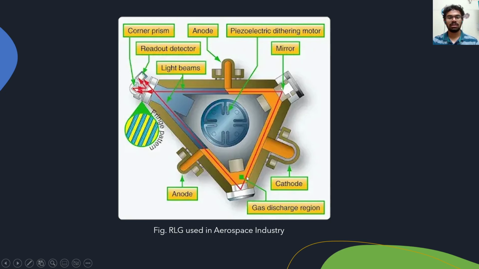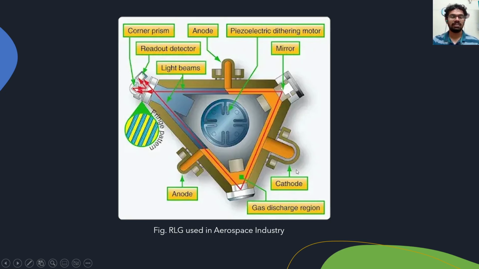This cavity is filled with helium neon gas. So when a voltage is applied over it, a laser will be generated in both of the directions, which is coherent. So no phase difference will be between these two laser sources.